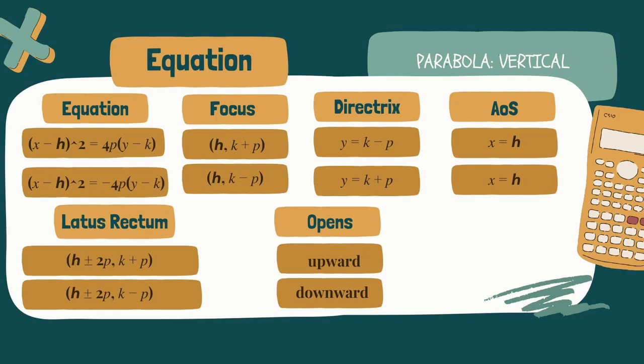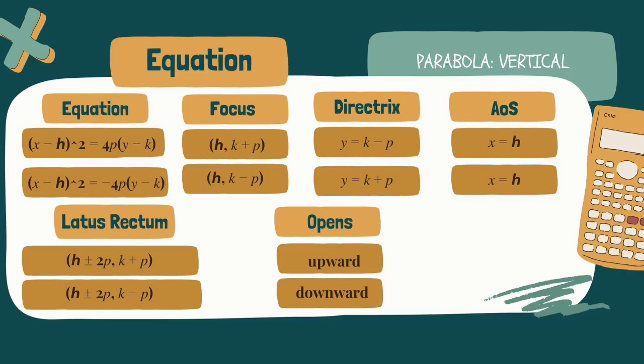So, same lang po sila para ma-identify yung opening nila. So, kapag upward po, para lang siyang to the right. Kapag upward is positive 4p. And kapag downward, negative 4p. So, same lang po sila sa to the right and to the left.